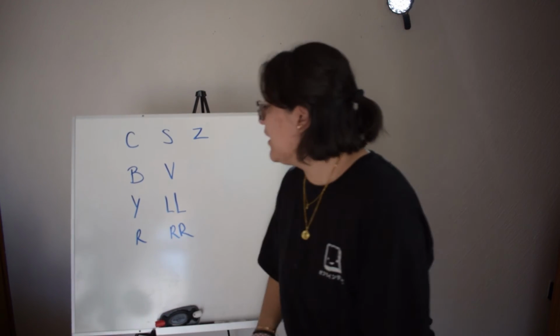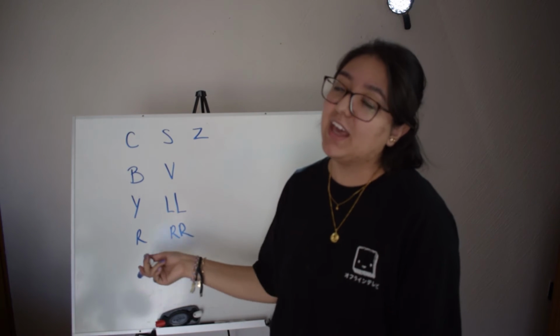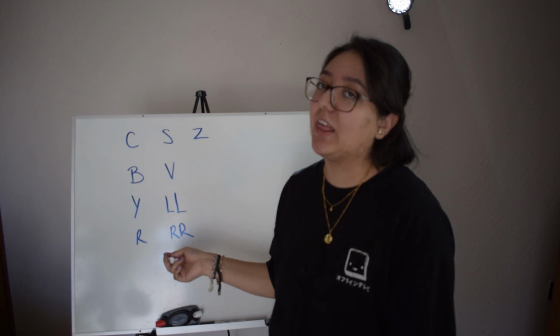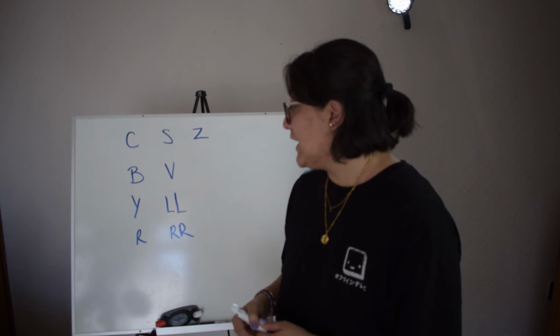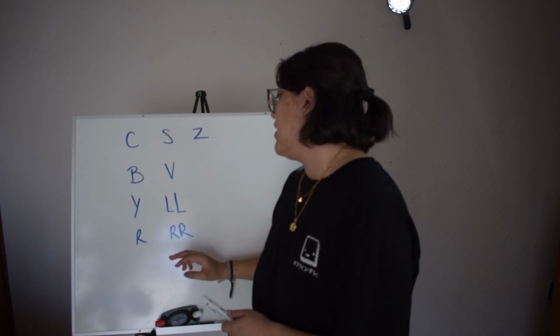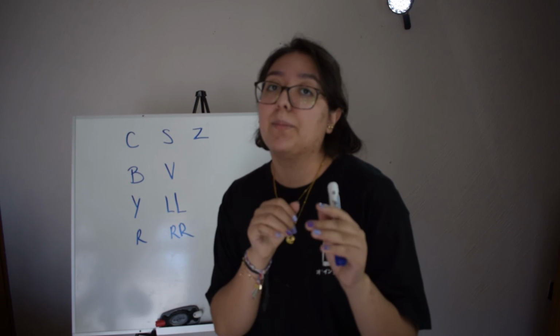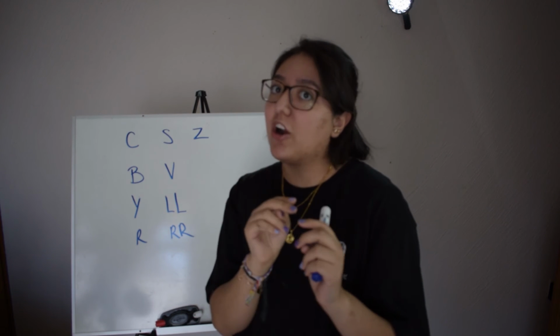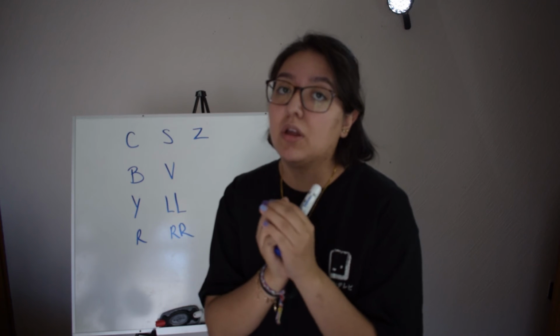And last one, we have R and double R. Okay? So we have a thing with these letters. This one, double R, is always in the middle of a word. You will never see double R at the beginning or at the end. It's always in the middle.